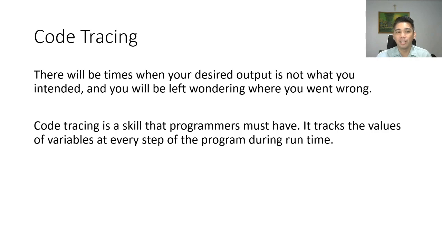You will be left wondering where is the error, or not actually an error, but it could also be a bit of a typo. So this code tracing will let you find where the problematic value or variable is.